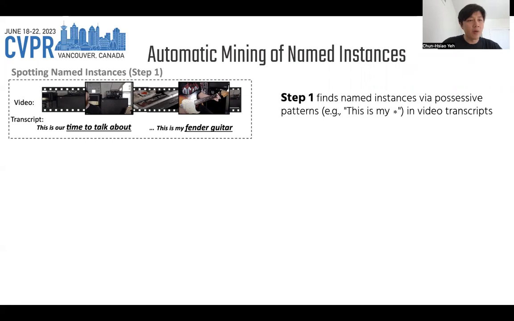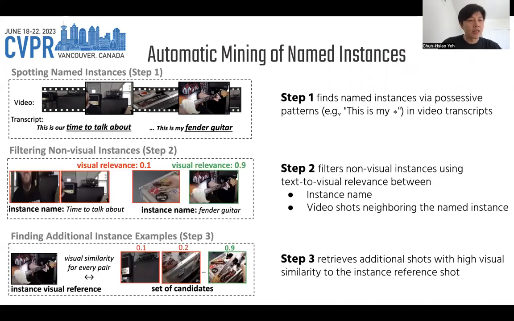In step two, we filter out non-visual instances by comparing the text-to-visual similarity between the instance names and neighboring video shots, and the samples with a low similarity are removed. For example, in step two, we can see "This is our time to talk about" has low similarity to its visual part, so we classify it as a non-visual instance.